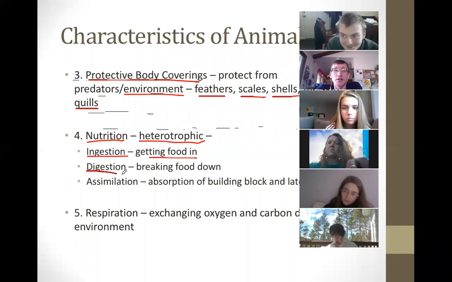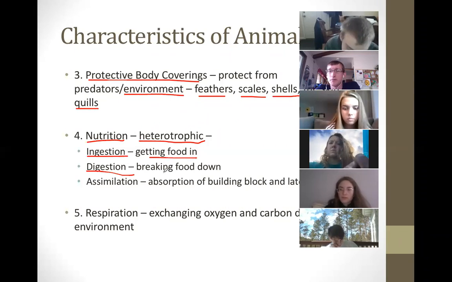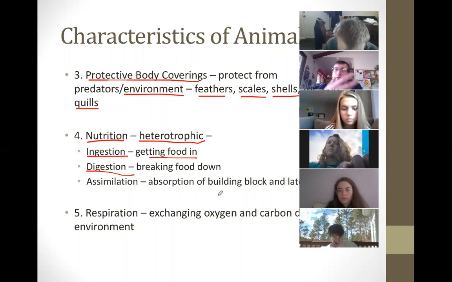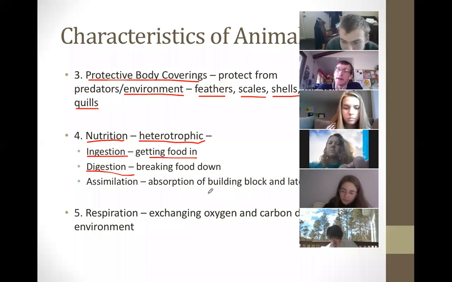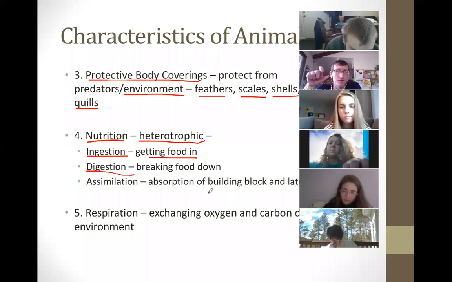And then there's digestion. Digestion is going to be to break that food down into the usable parts. And so in the stomach, in the small intestine, kind of depends on the animal we're talking about, we're going to break down food using enzymes. Enzymes are proteins that are specific to breaking down a particular type of chemical.